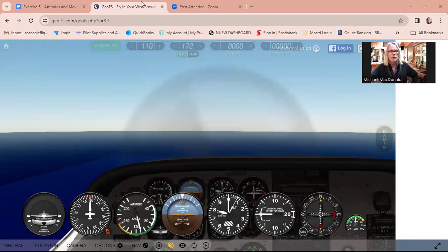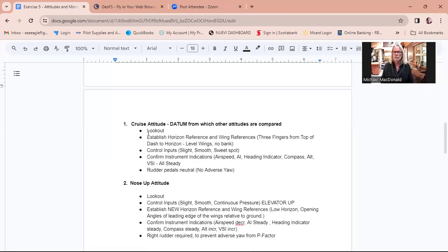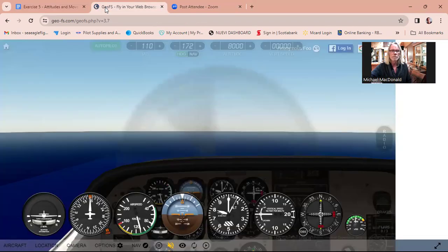So let's start with cruise attitude. It's the datum from which all other attitudes are compared. We just looked at it there. You can see an equal amount of sky and ground, and the wing level line of the airplane is neither up into the blue nor down into the brown. That means the airplane is straight and level, not climbing or descending.